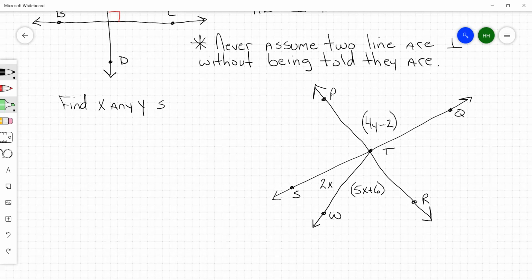So that line PR is perpendicular to line SQ. PR perpendicular to SQ.